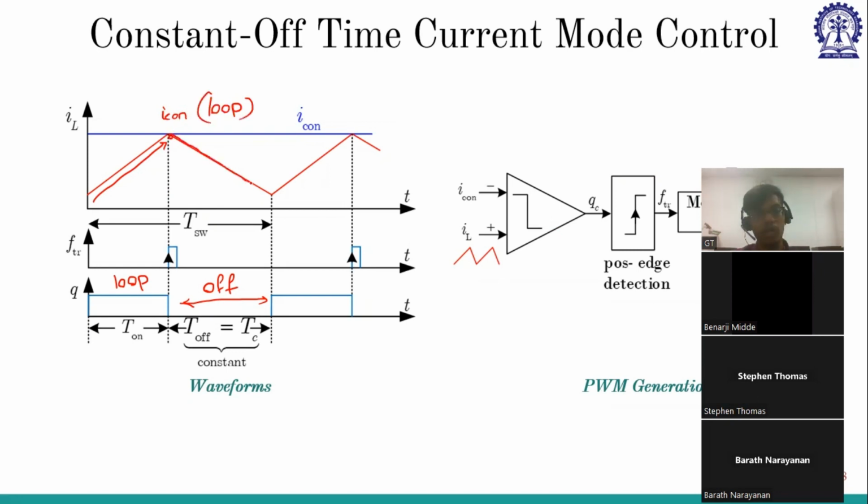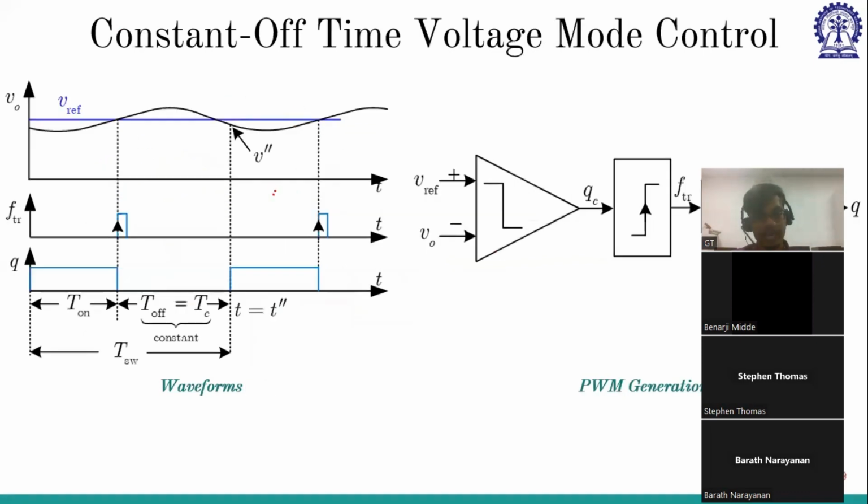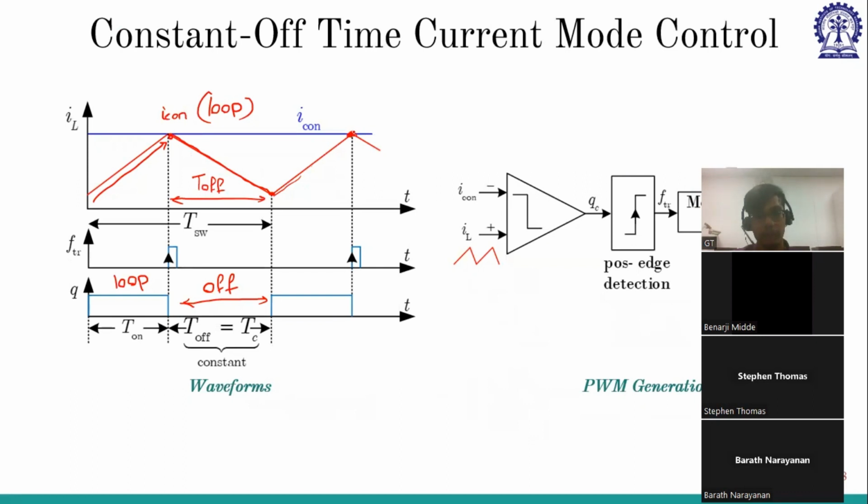And it stays reset for the constant T off that we are deciding. After this constant T off is done, you are again setting it, and whenever it hits the peak, again it will be off for constant time. So this on time is coming from the loop, and this is fixed.